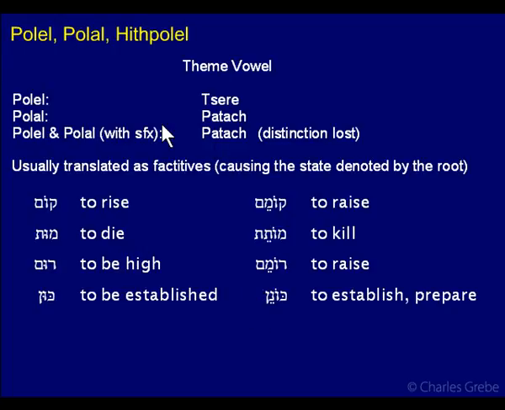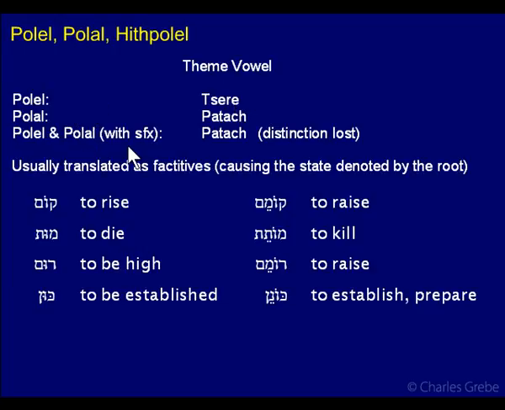Well, what are my notes? For polel, you have the tzere theme vowel. The theme vowel is what distinguishes these from each other. Well, the first two anyway. So tzere for polel, and you can see the e vowel right there in the name. Polal has patach, just like pual, pl and pual. So these follow.